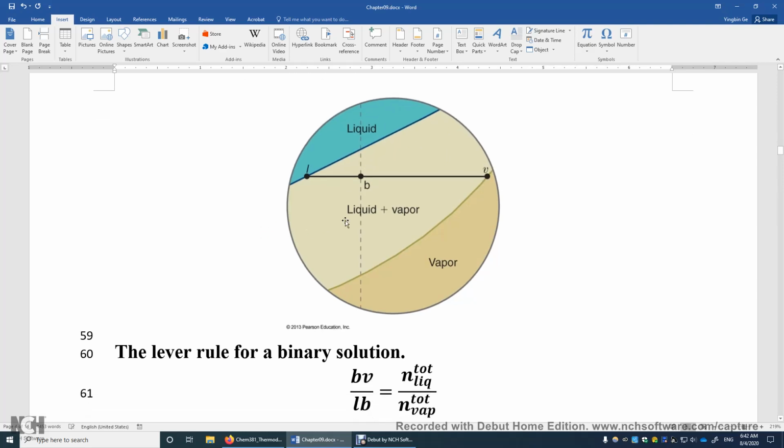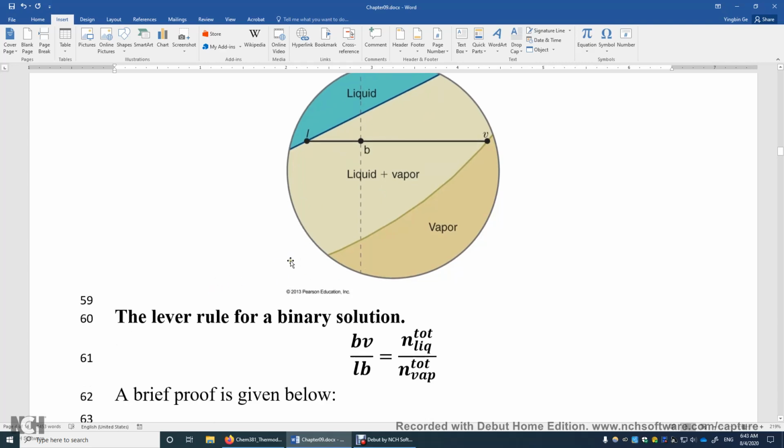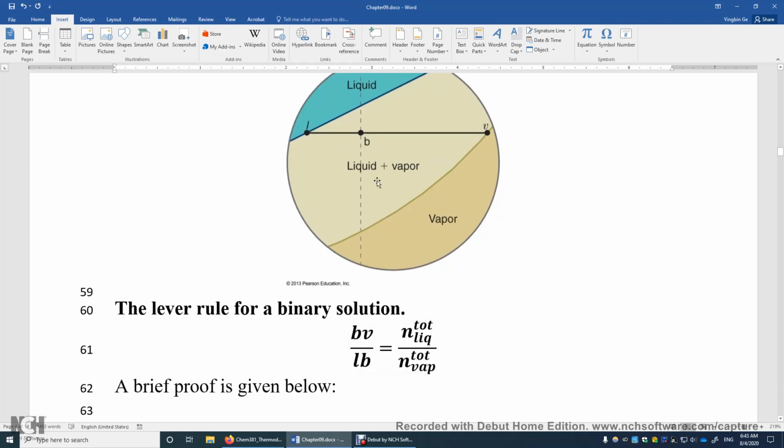But we can also prove it. We're going to prove BV over LB is the number of moles of liquid over the number of moles of vapor. V stands for vapor, L stands for liquid, and B is just a random data point. So how can we prove this? Make sure you understand this. This L point gives you the mole fraction of benzene in the liquid phase.